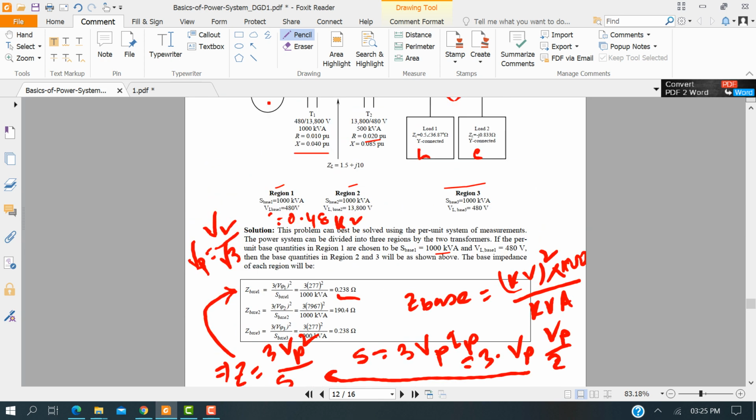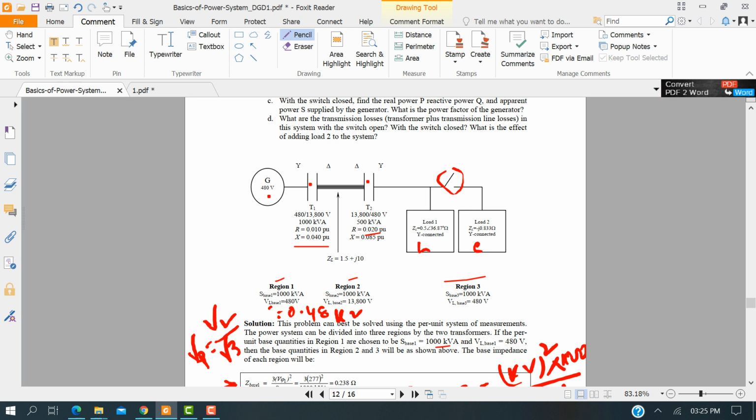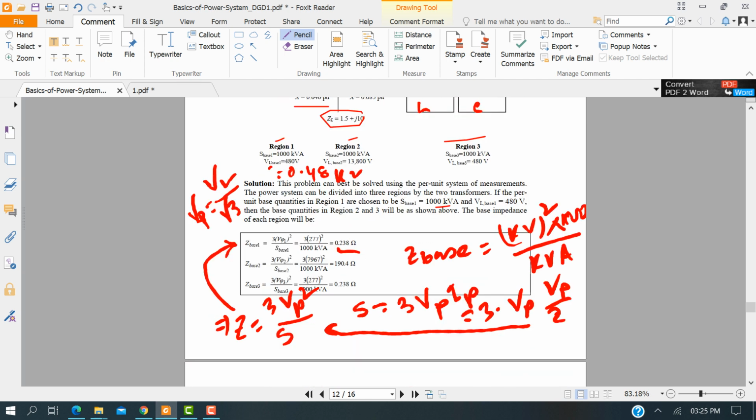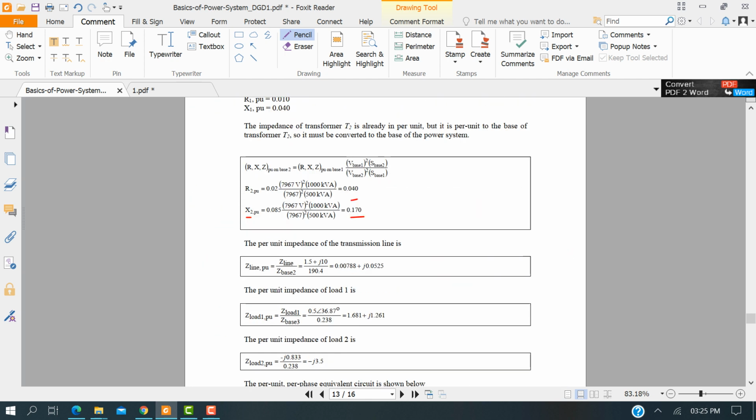Now we have to find the per unit values of all elements. We already have the T1 value here, and T2 we just found. Now we have to find it for the transmission line. Here you see the actual value is given. For the transmission line, what is the formula? As I said earlier, per unit value equals actual value divided by base value.